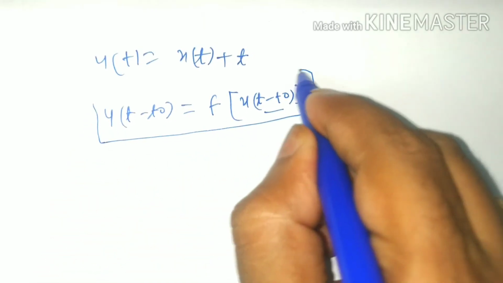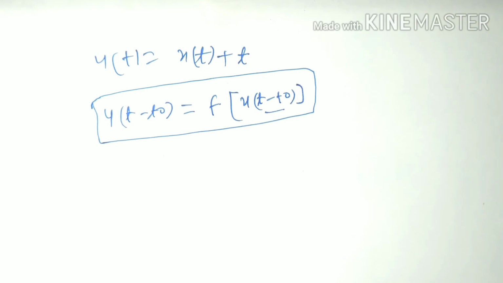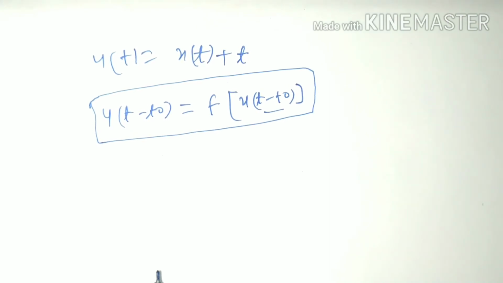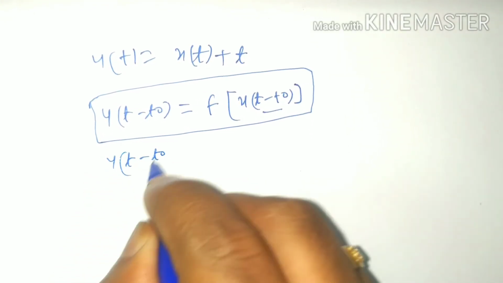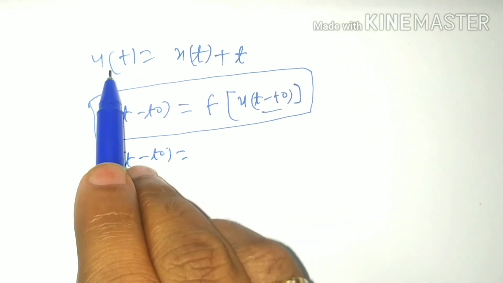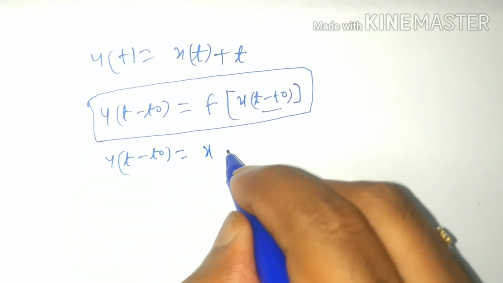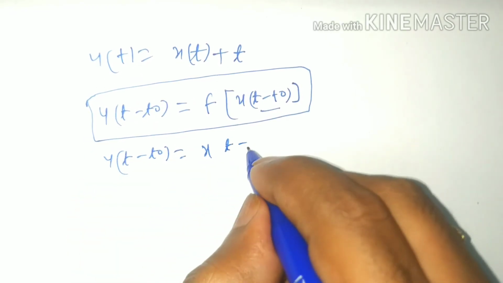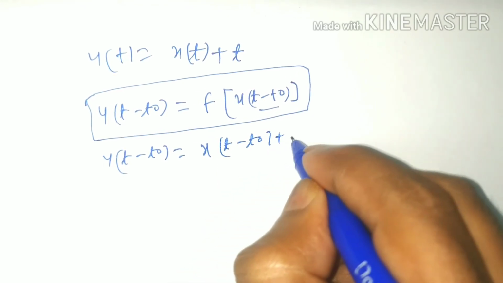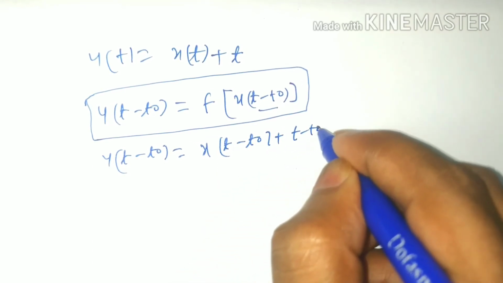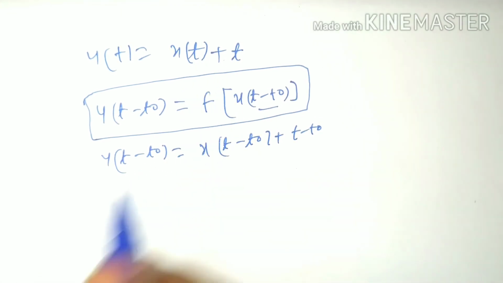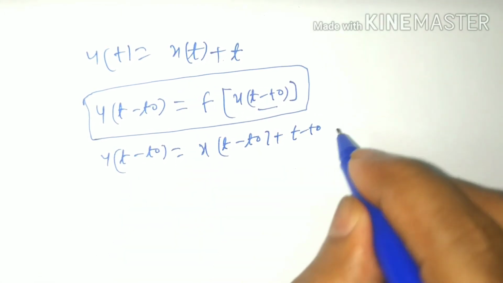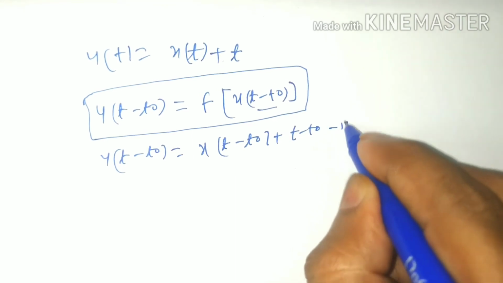If these both terms are equal, then it will be time invariant, otherwise time variant. So we have to find y(t minus t naught). By this equation we can see that this will be x(t minus t naught plus t minus t naught). Here we put t minus t naught in place of t. So that is equation second.